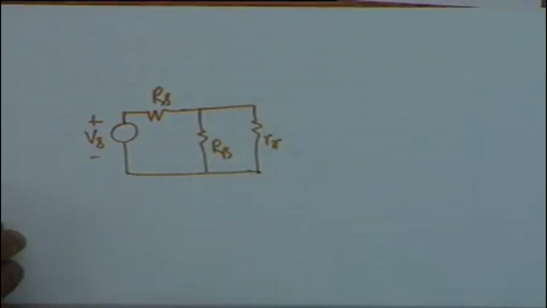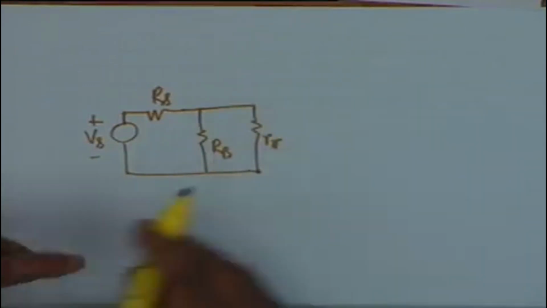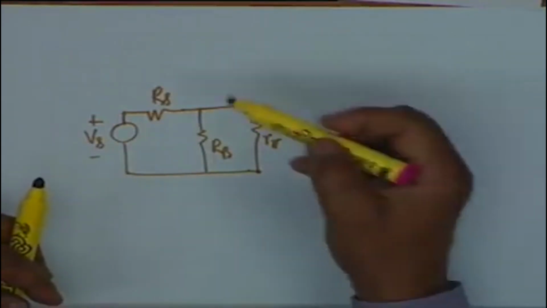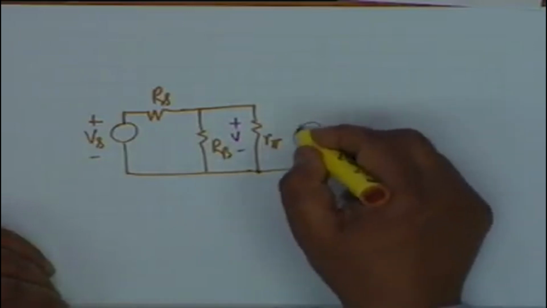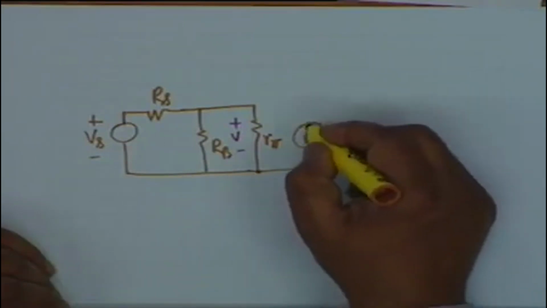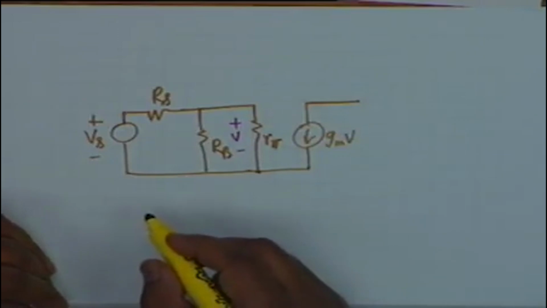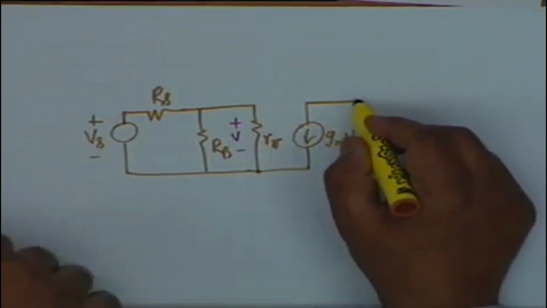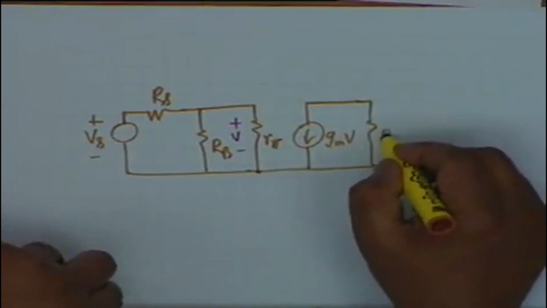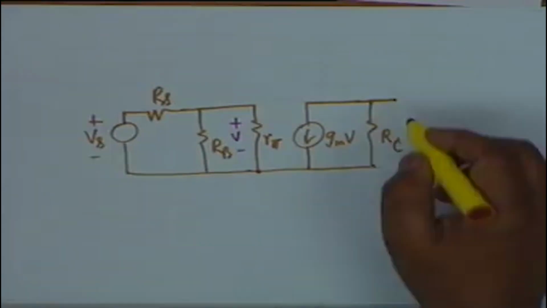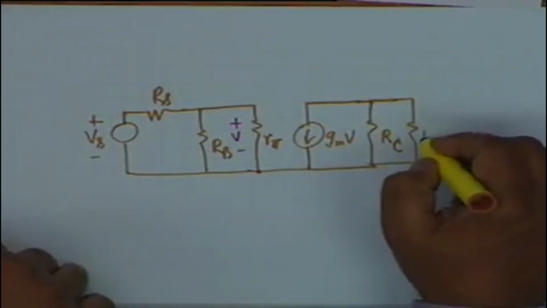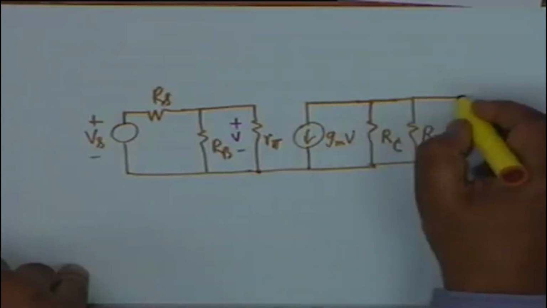R pi comes across Rb because Re is a short, Ce is a short, and this voltage is V. Then we have gmV, no capacitances, C pi is ignored, C mu is ignored, in parallel with R sub C. Then the capacitor CC2 also acts as a short circuit, and therefore this is R sub L, and this voltage is V0.